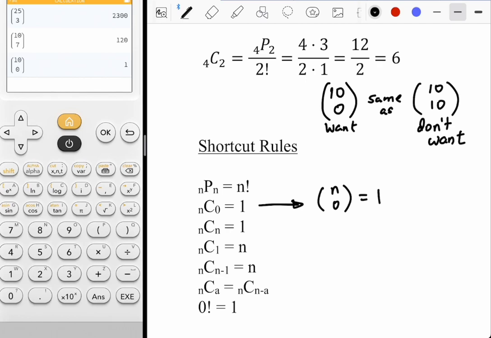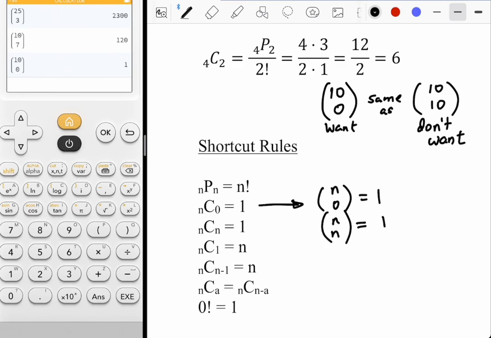There's only one way I can get a group of 10 from 10 people. All right. For that one group, there is naturally the corresponding group that contains none. So since these two things are the same, that means that n choose 0 and n choose n are both equal to 1. They're equal to the same thing. Those are probably the most powerful ones.